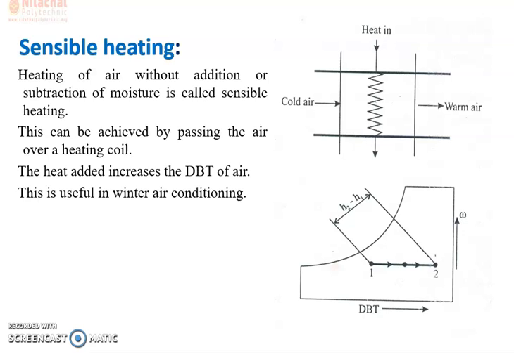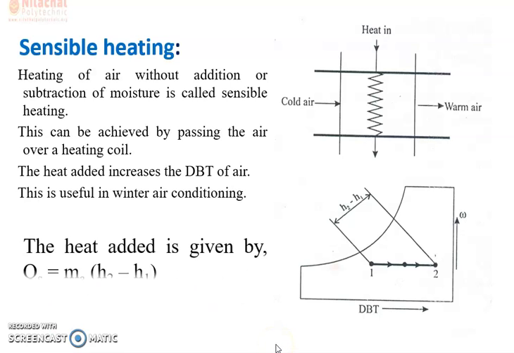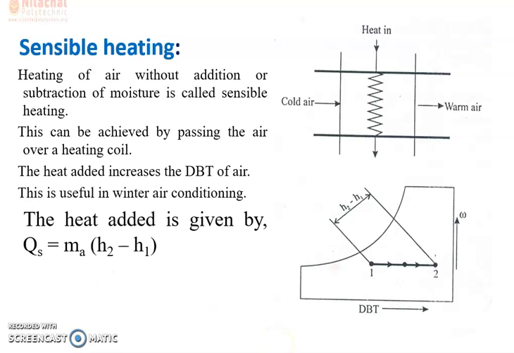The dry bulb temperature increases from TD1 to TD2, while the relative humidity reduces from phi1 to phi2. And how much heat is added during sensible heating? Q is equal to Ma into H2 minus H1. Instead of enthalpy, we can write Cp del T. If the mass is constant, we can take it common, and instead of H2 we can write Cp TD2 minus Cp TD1.